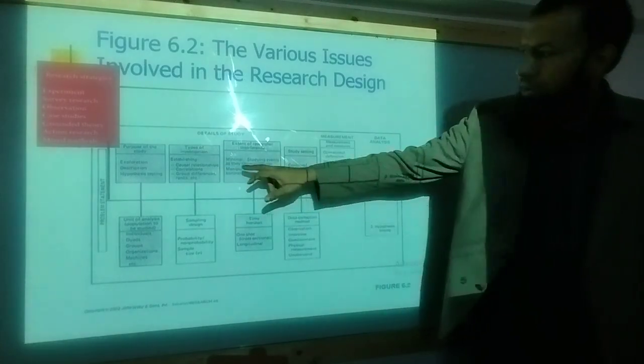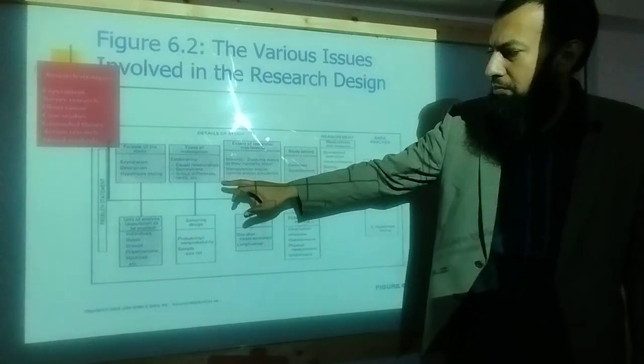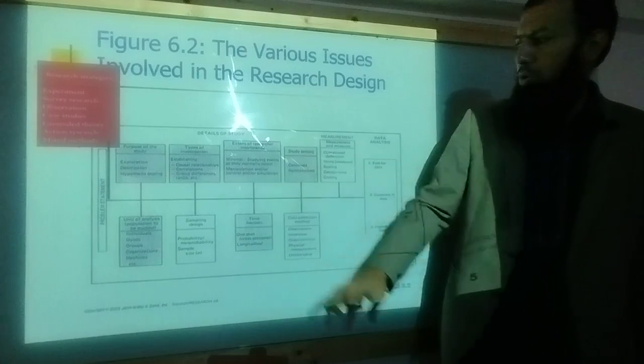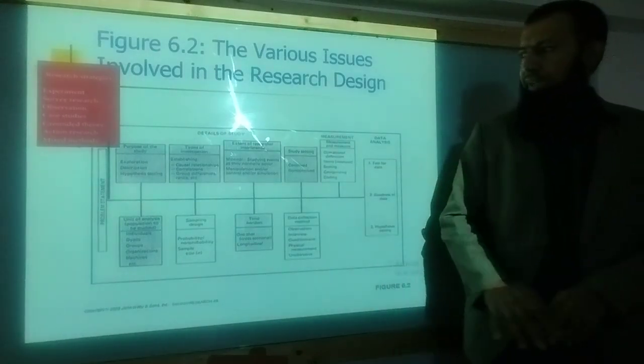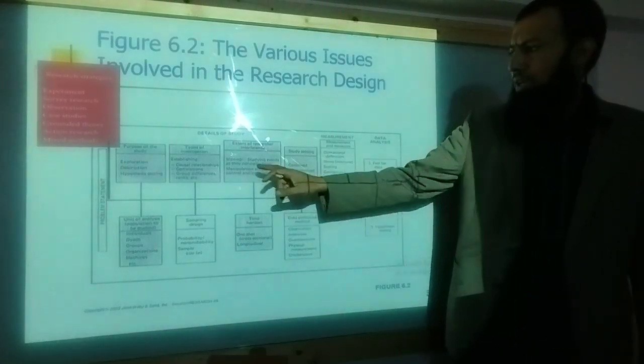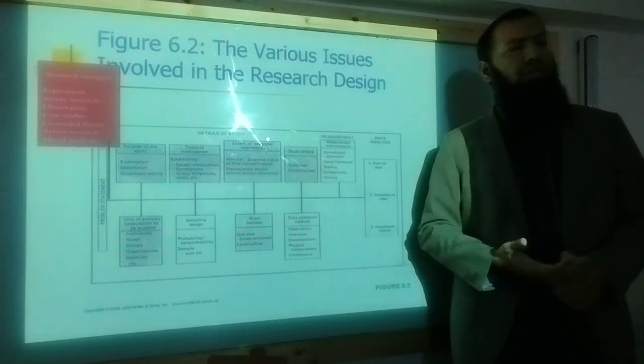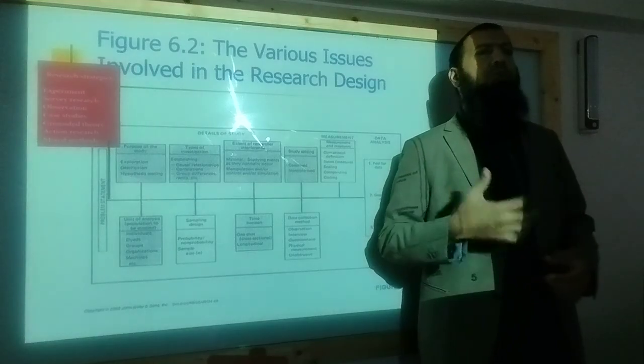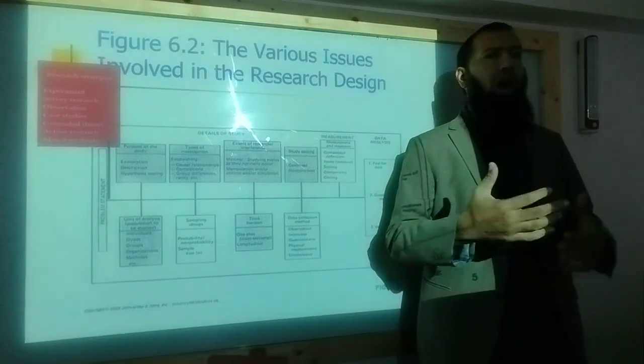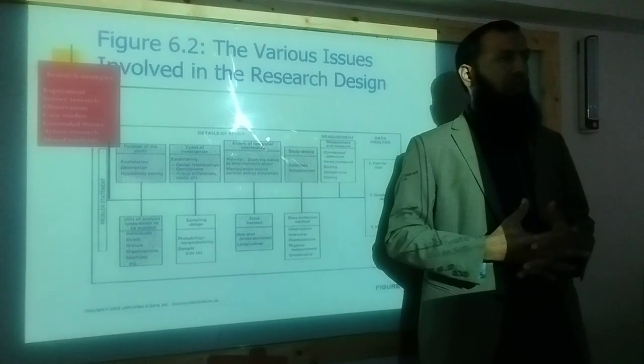Then we talk about the type of investigation, in which we talk about the correlational study, causal study, and group differences. We already discussed it. I already mentioned group differences in the last class. Group differences are when we want to know how the groups are different.